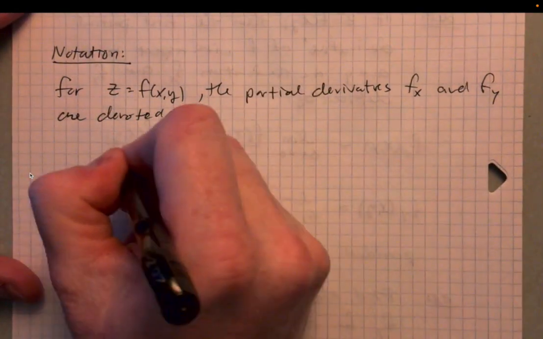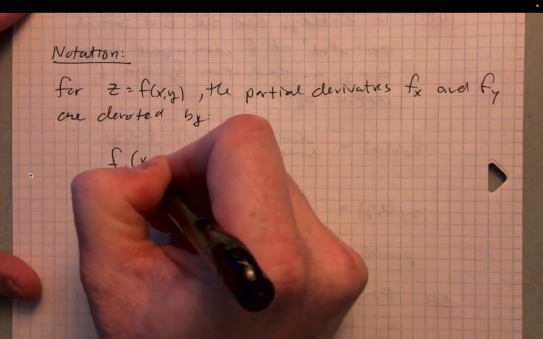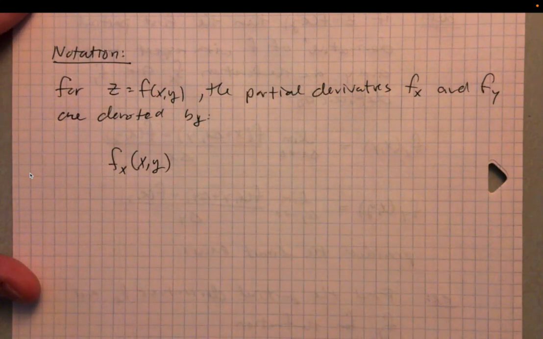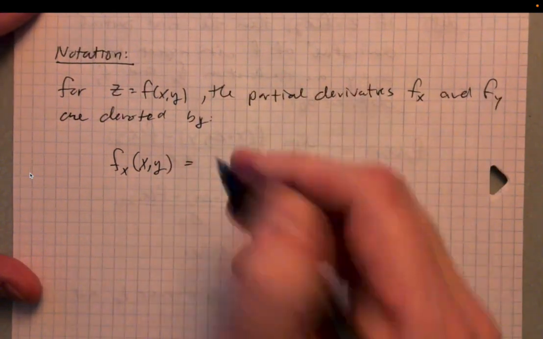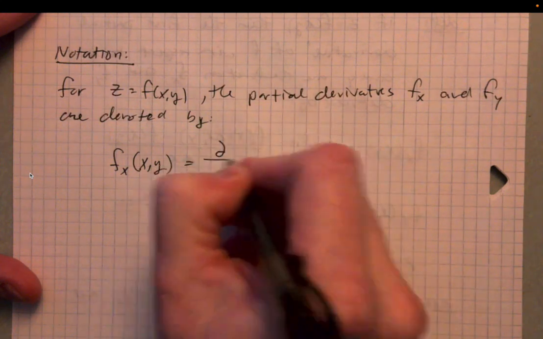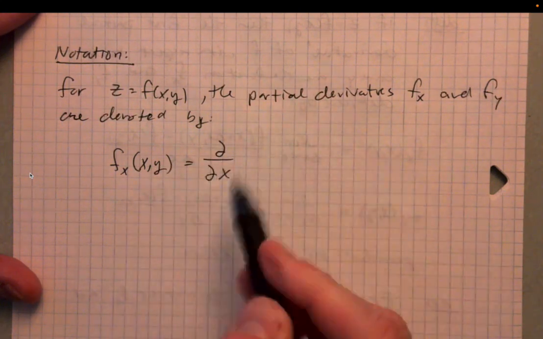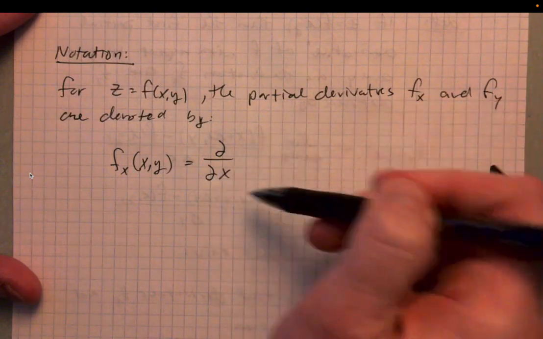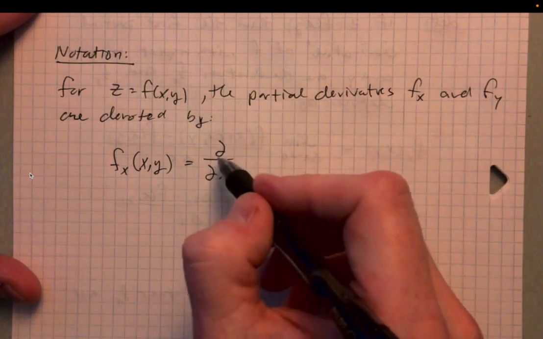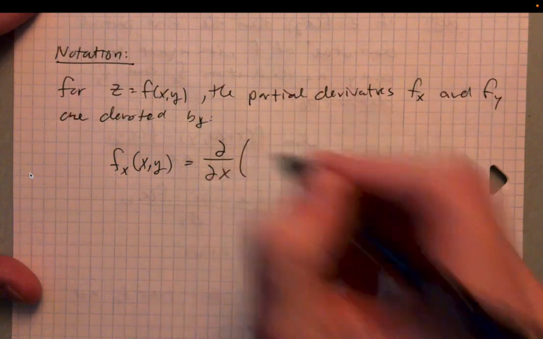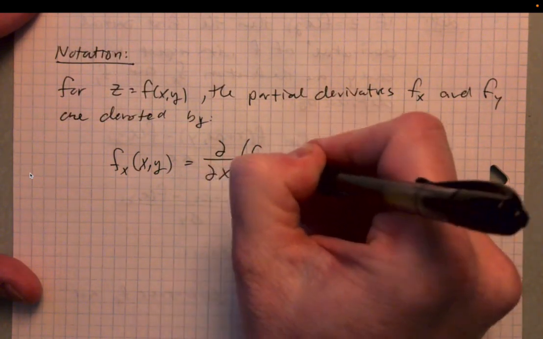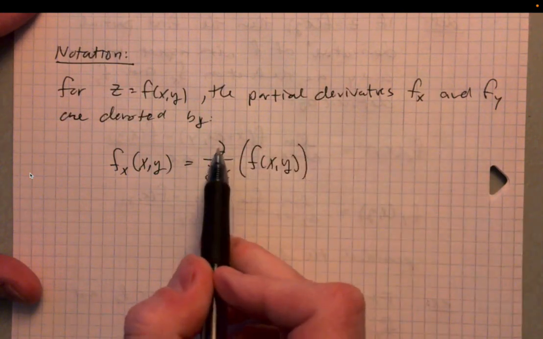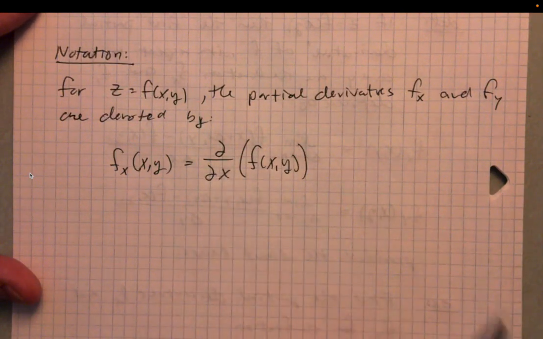You've got your f sub x of x, y. Another way to do it is to use notation similar to d/dx, except the script is different. So this is more like del x. It's kind of a lowercase cursive d, and it's actually flipped backwards as well. So it looks like this. And this just indicates a partial derivative with respect to x.